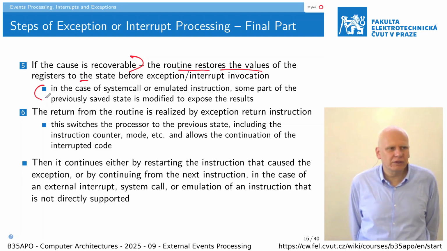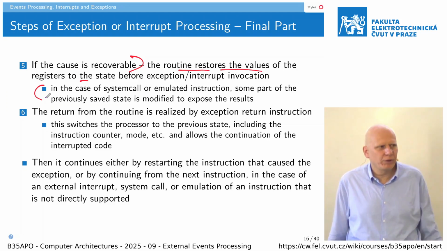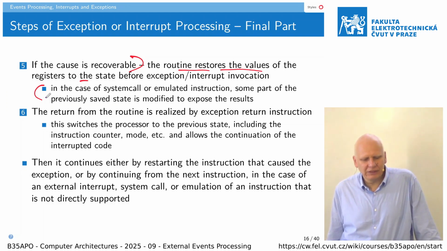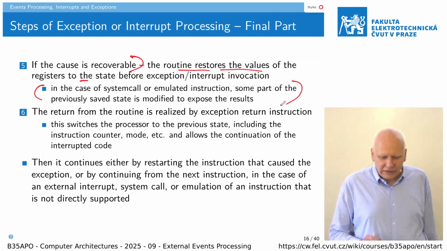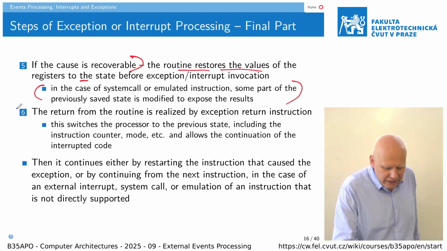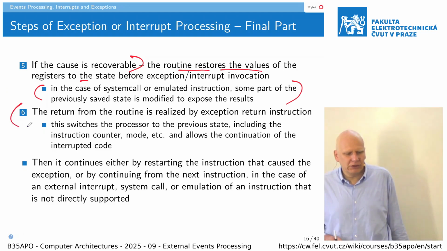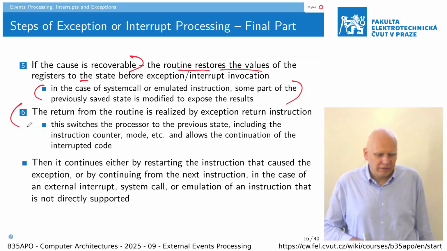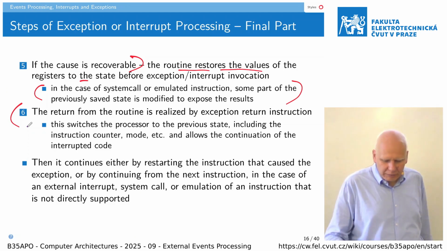It is, for example, the case for system calls, because a system call needs to inform the calling program about the result of that system call. So sometimes even that state which has been stored is a little modified, or for example if we simulate the instruction and so on. And then we start the return from the exception by executing some specific instruction which is designed to mark the end of the exception processing.